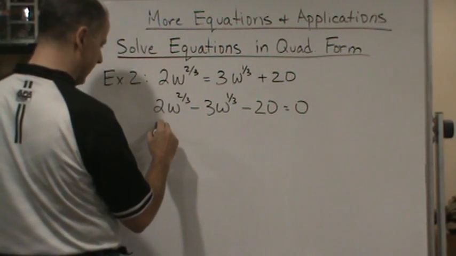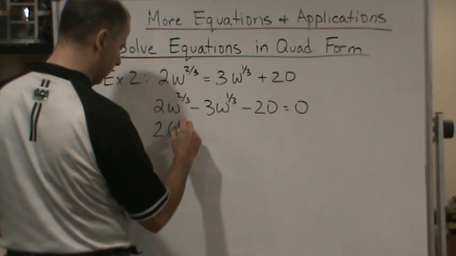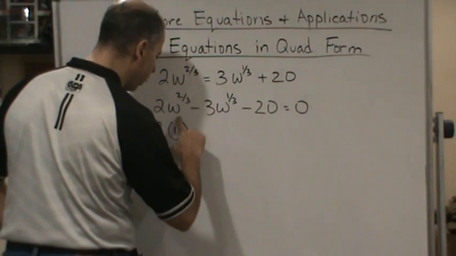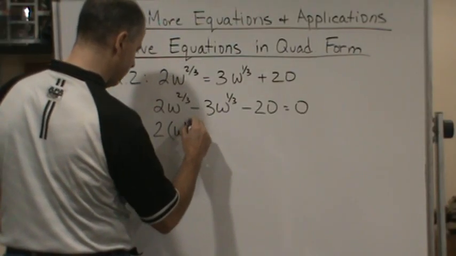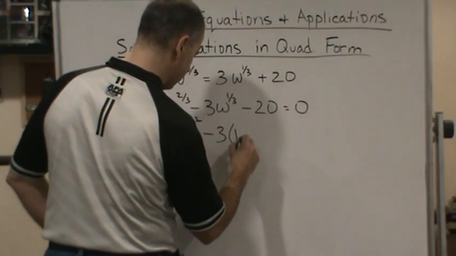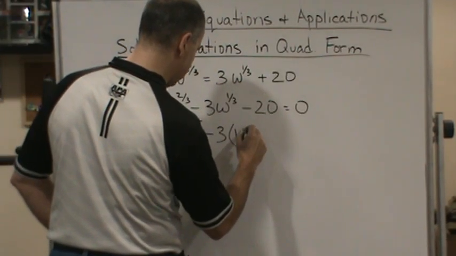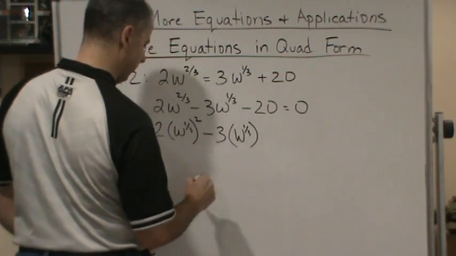You could say this is the same as 2 times w to the 1/3 squared minus 3 times w to the 1/3.